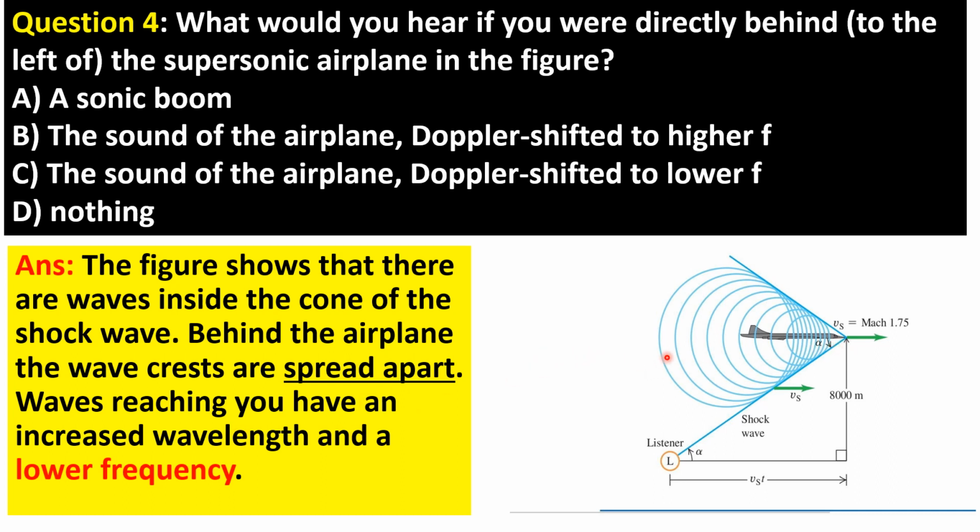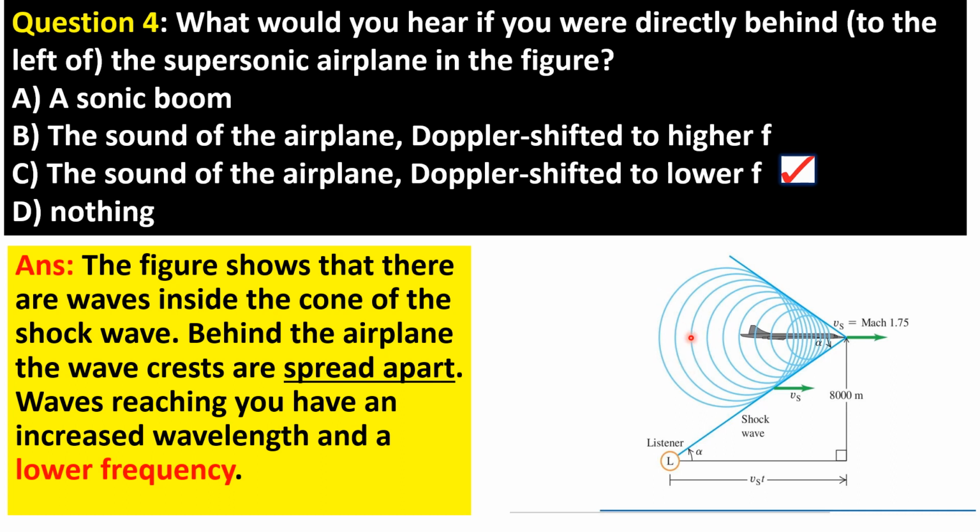So if you are there exactly behind the airplane, the waves that will be reaching you would have an increased wavelength. Longer wavelength corresponds to a lower frequency. So our best answer to that question, of course, will be letter C. The sound of the airplane can be heard by this listener exactly behind the airplane, but the frequency of the sound he hears is shifted to lower frequency.